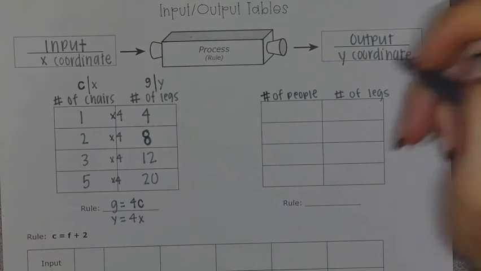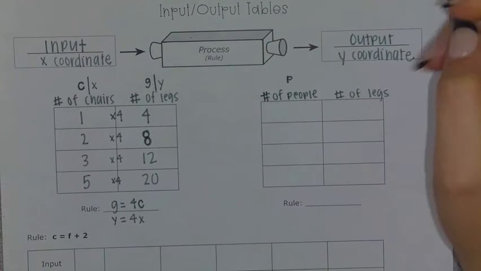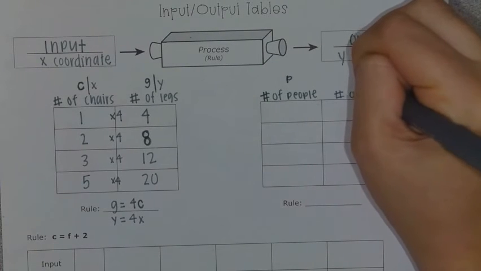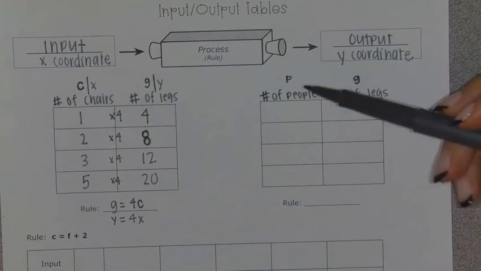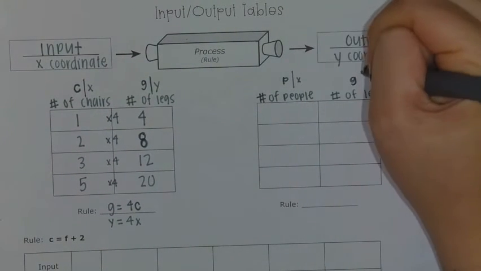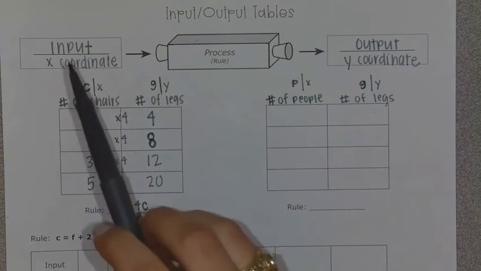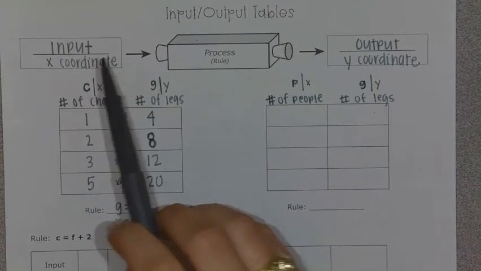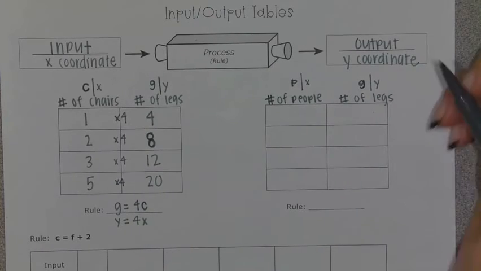Let's use P for people, and this time we'll stick with G for legs. Remember, the number of people is like our X coordinate. The number of legs is like our Y coordinate, because we have to input how many people there are to figure out how many legs there are in total.